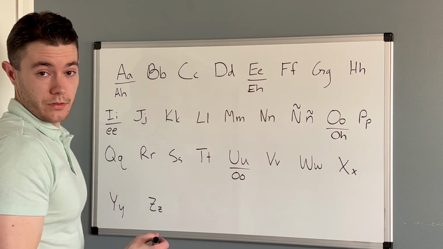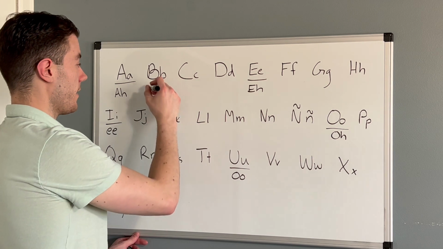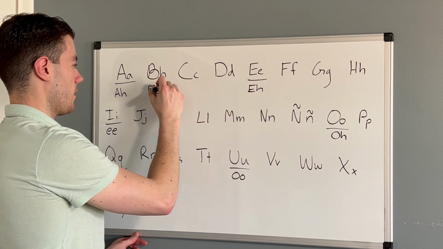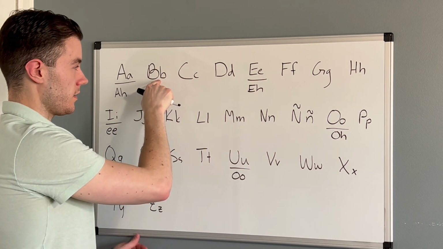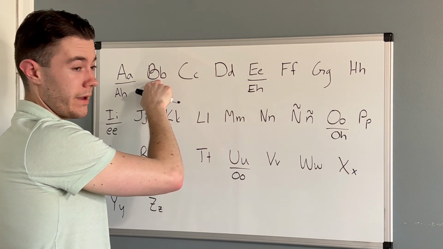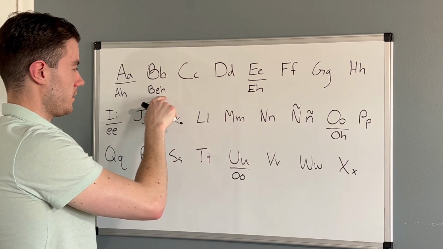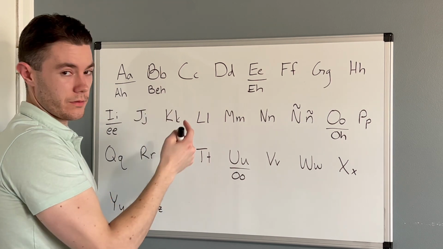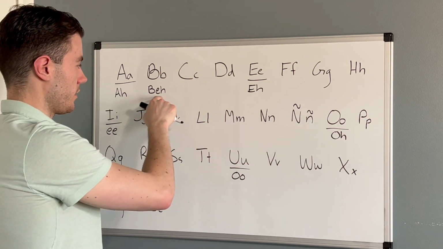And then let's go to the consonants next. B. So this is English letter B, but B in Spanish, and this is how it's pronounced phonetically as an English speaker would read it.